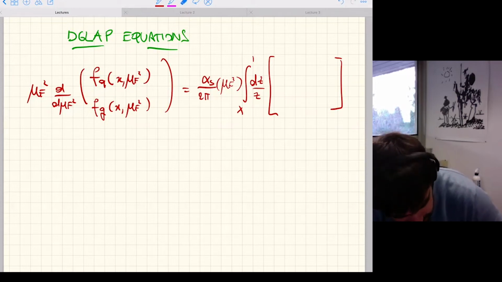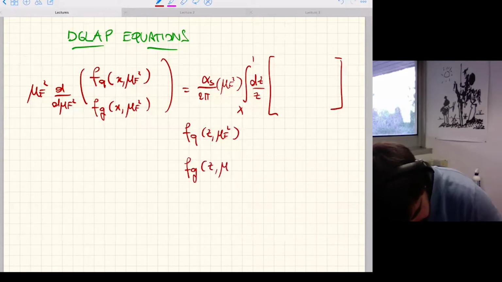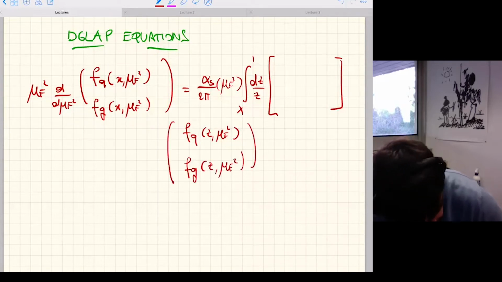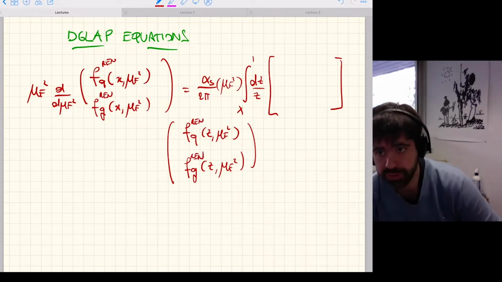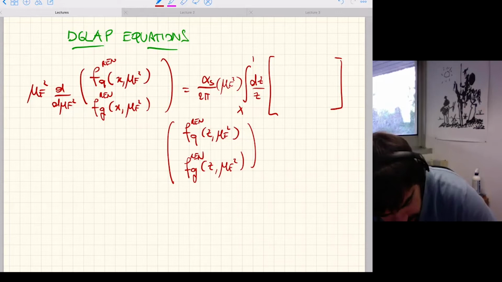The matrix acts on F_q and F_g. Sorry, these are always renormalized PDFs. What are the entries of the matrix? Well, these are the splitting functions.